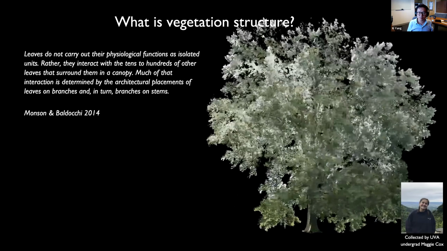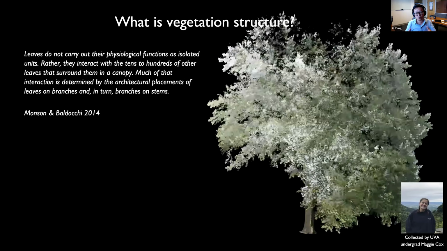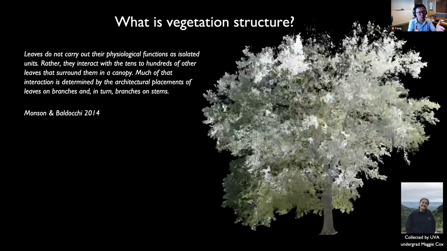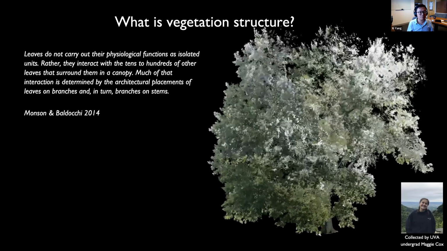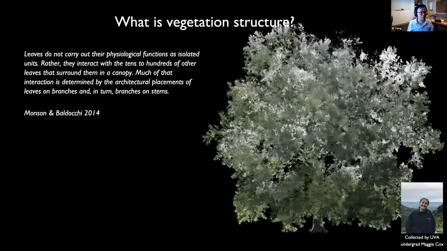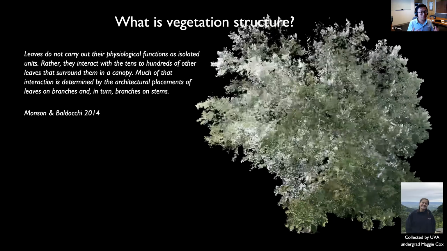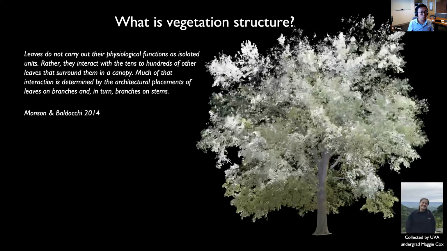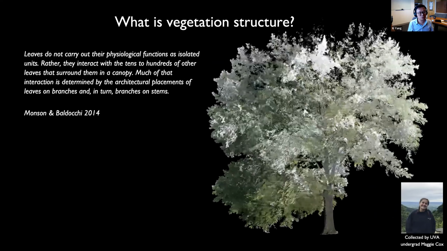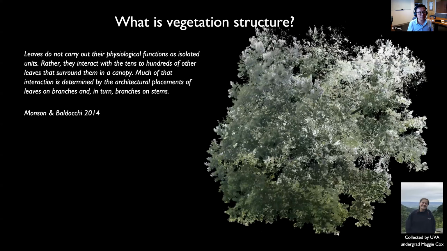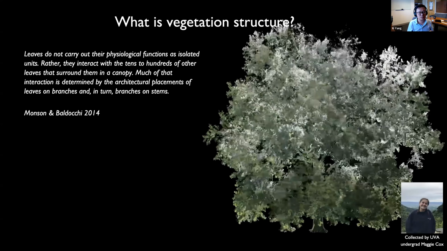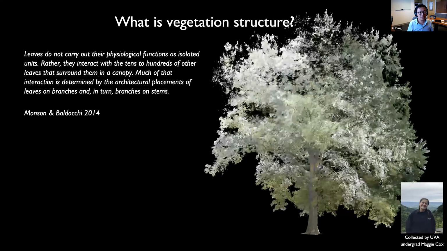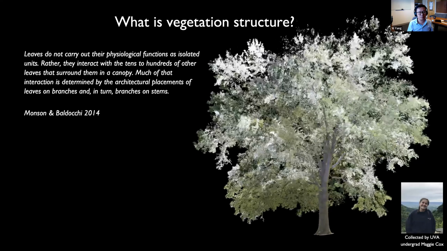From the tree's perspective, it includes traits like tree height, crown size, etc. But I want to quote this paragraph from the book by Monsi and Baldocchi: leaves do not carry out their physiological functions as isolated units. Rather, they interact with the tens or hundreds of other leaves that surround them in a canopy, and much of that interaction is determined by the architectural placement of leaves on branches, and in turn branches on stems.